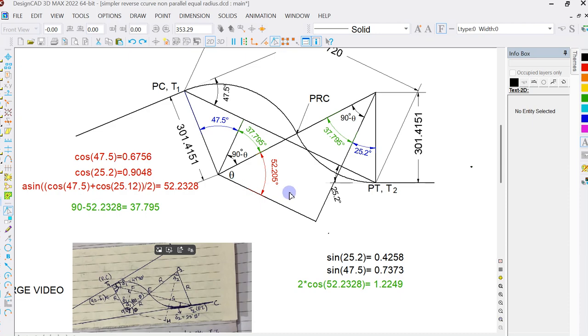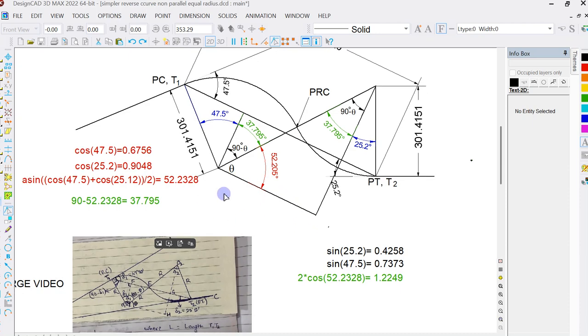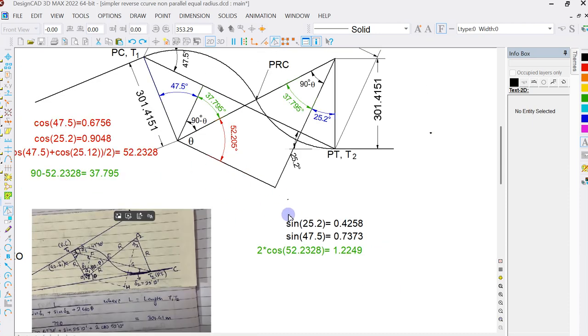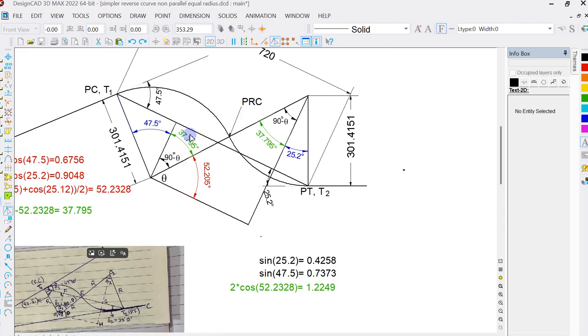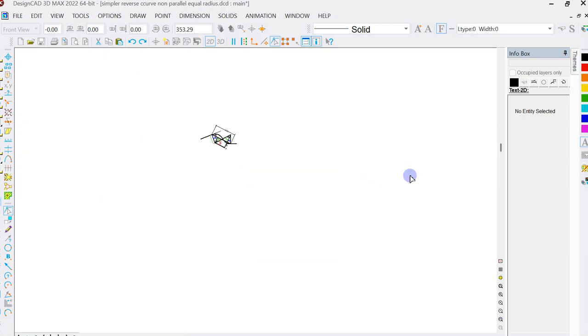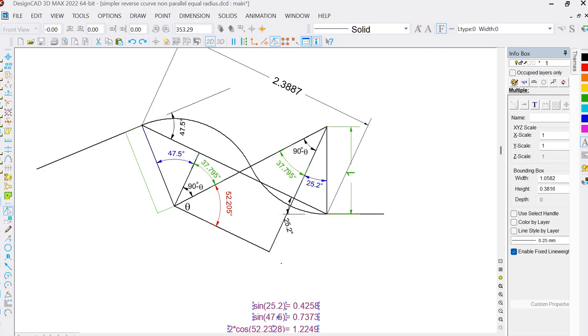The thing that snagged me up, and took me a while to figure out, was how to get the length of this radius from that information. So what I did was bring it in.